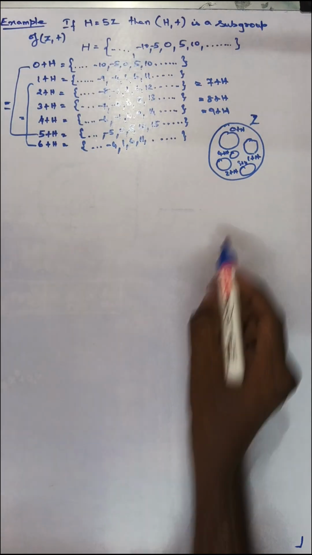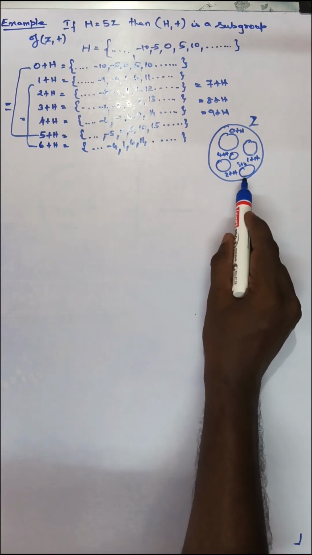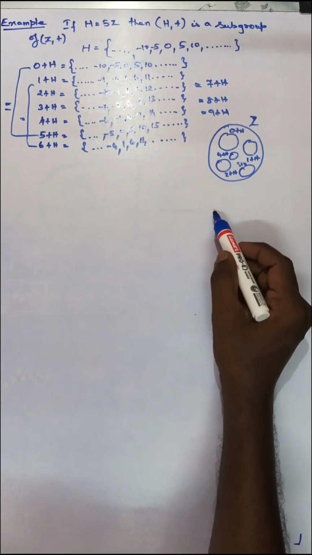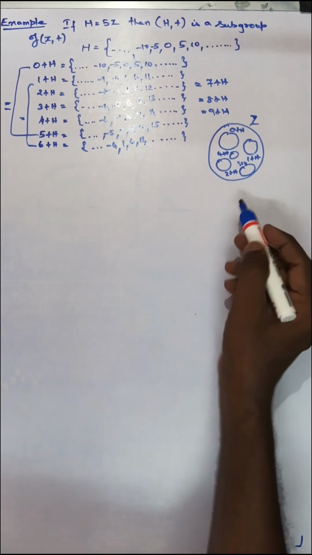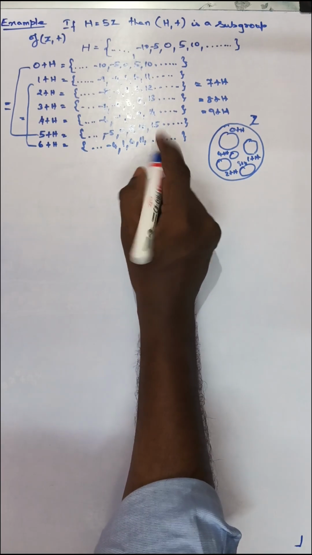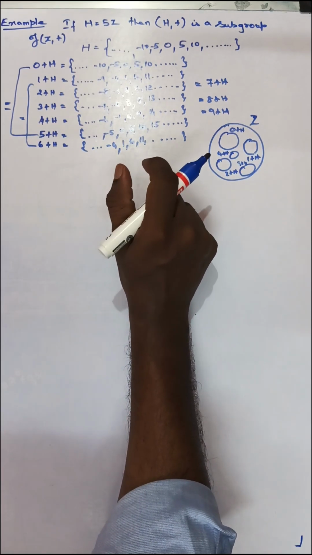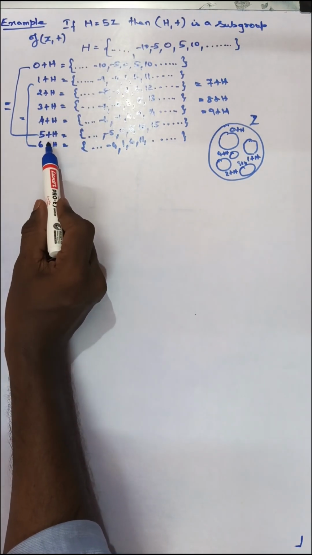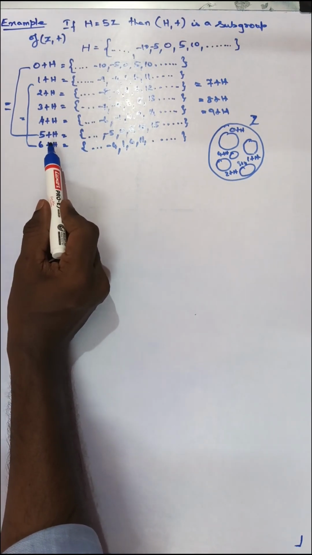The first theorem, what is the inference we got from here? If you take two left cosets, they might be equal, for example 0 plus H is equal to 5 plus H as well as 10 plus H, 15 plus H, and it goes on.